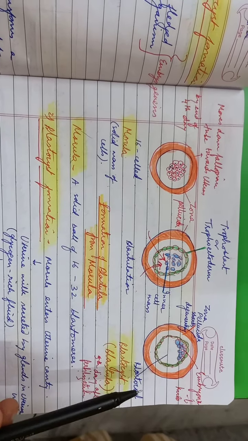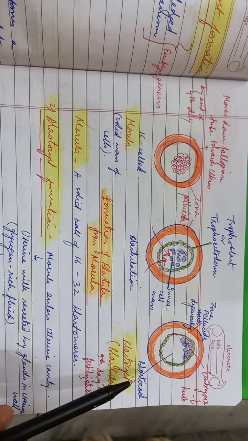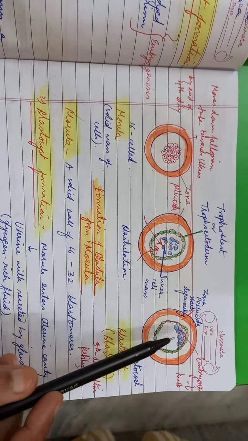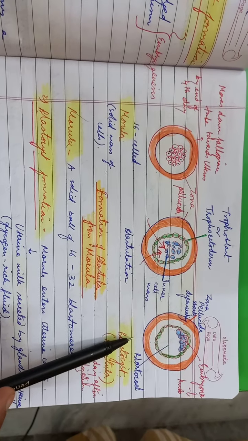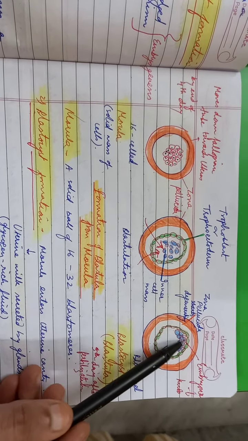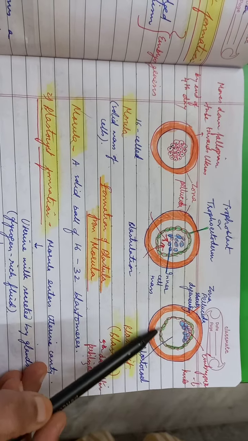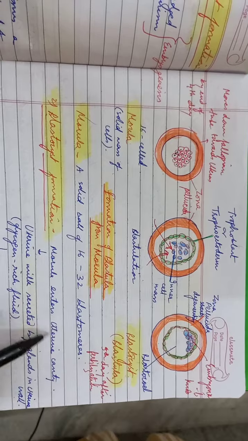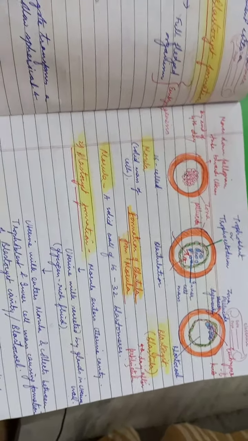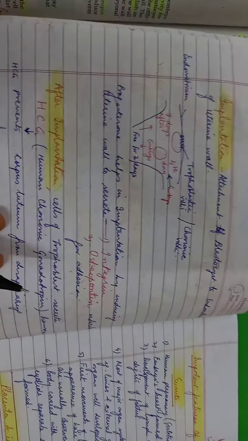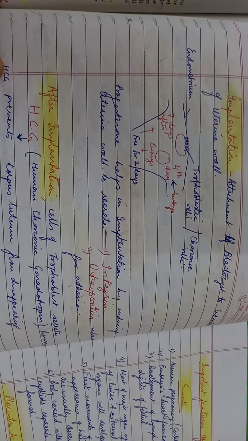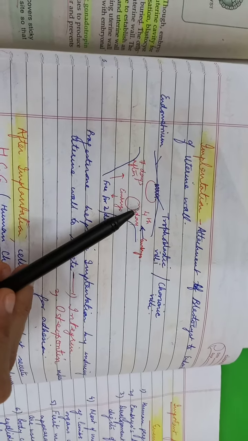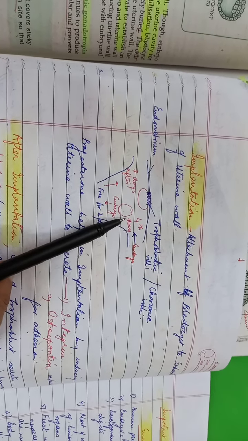But the blastocyst increases considerably in size, digests a hole in this zona pellucida, and squeezes out of this structure, and the naked trophoblast, that is this naked structure with the green color, it now establishes contact with the uterine wall. All right, so this is what happens in the stage of implantation, and this is what we will study just now.